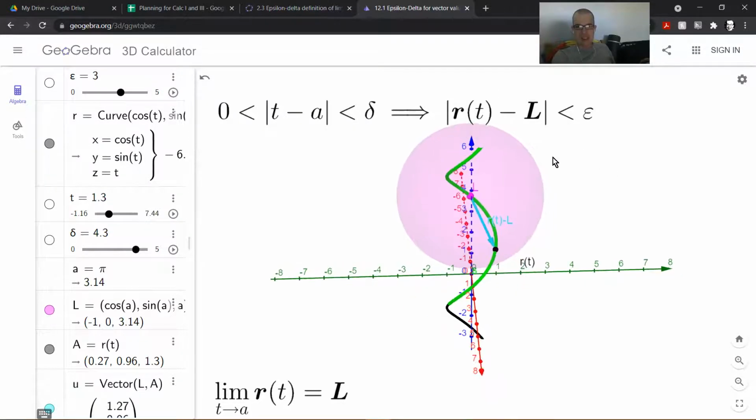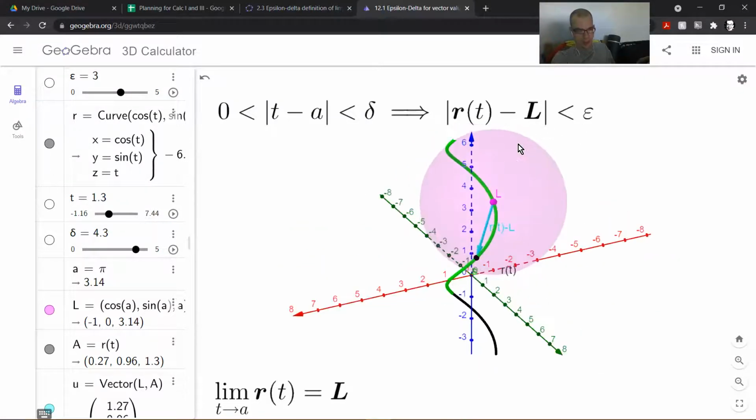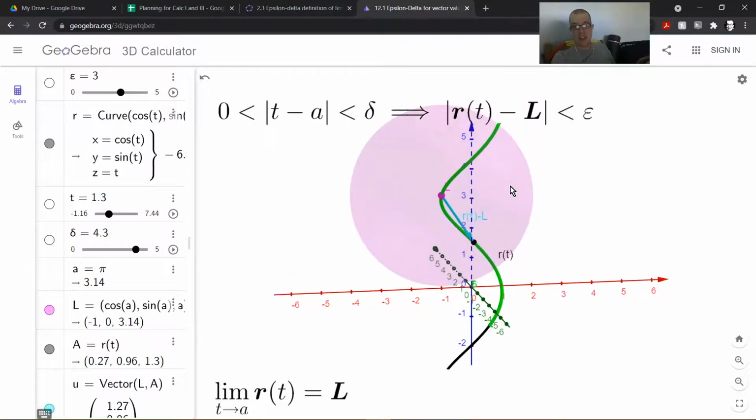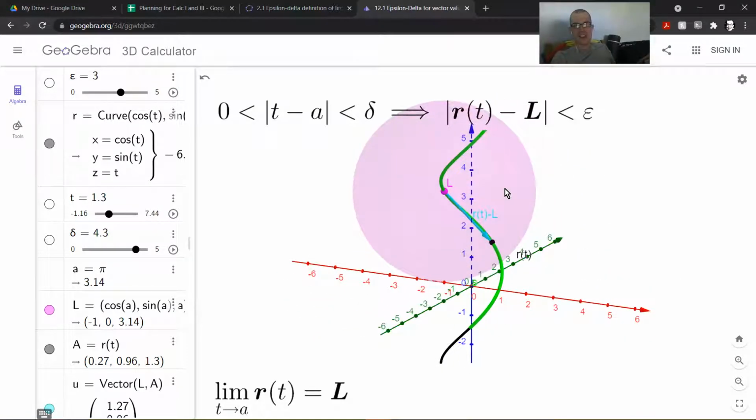But in each case, delta is like the radius for how far away you would get from a certain point A, and epsilon is like a radius. Here, since we're working with a three-dimensional output, this epsilon looks like a sphere. In general, we call these things epsilon balls or delta balls.